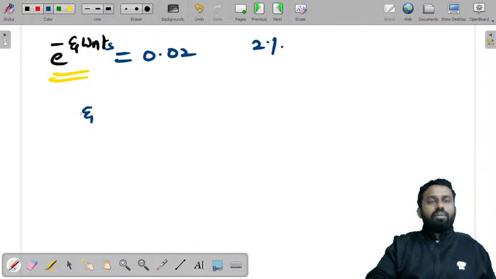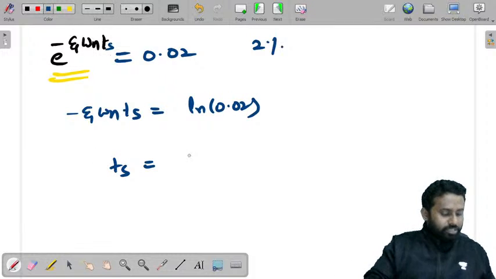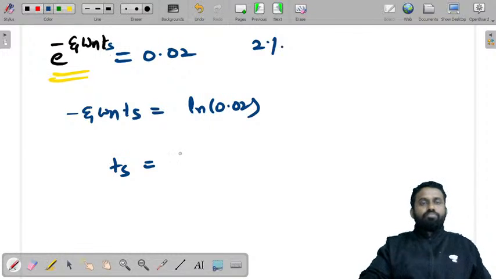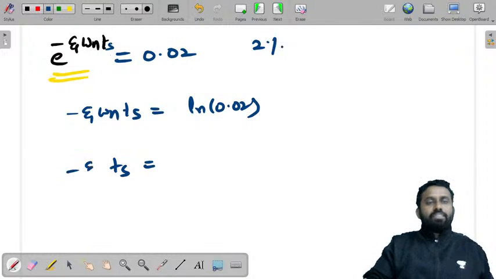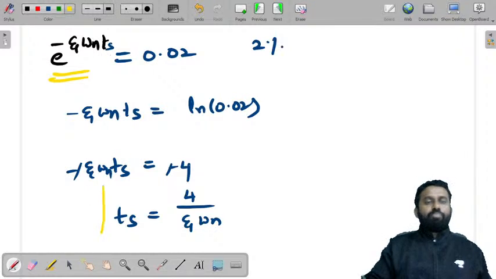So zeta omega n ts is equal to, the exponential will give you ln 0.02. From this you can write ts, this 0.02 value will give you minus 4. So minus zeta omega n ts is equal to minus 4. Cancel this. So ts is equal to 4 by zeta omega n. So this is settling time.